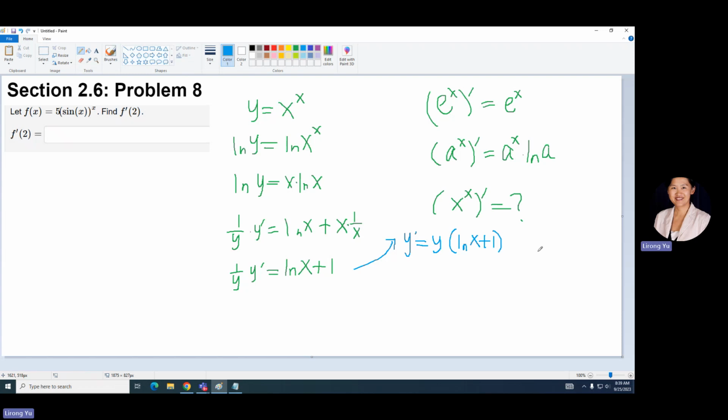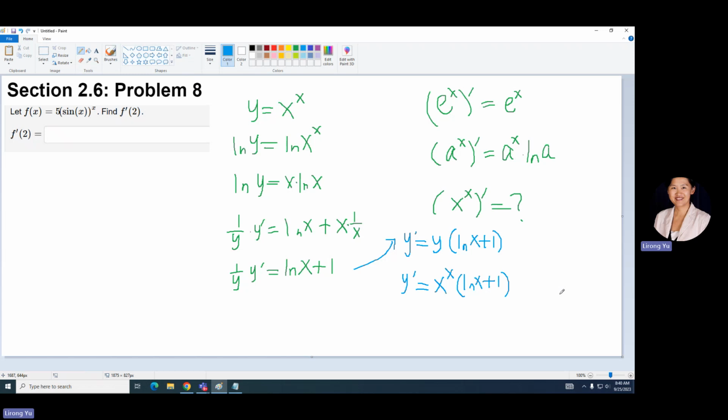The original function is explicitly defined, so the derivative should be explicitly defined, so y has to be switched back to x to the x power. So we will have y prime equals x to the x power times ln of x plus 1. That's the derivative.